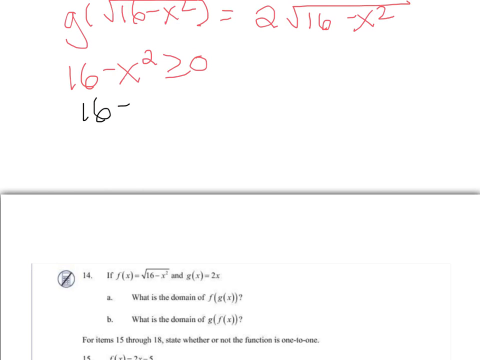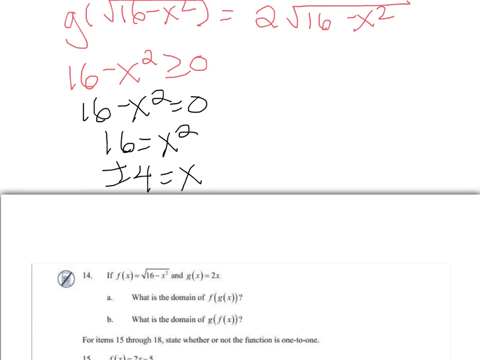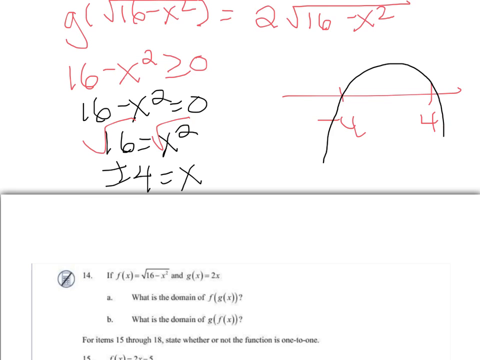So if I find the x-intercepts, we get plus or minus 4, because we square root both sides. And this parabola still opens down because of the negative x squared. And we want greater than or equal to 0, which is above. So that domain is any x between -4 and 4.